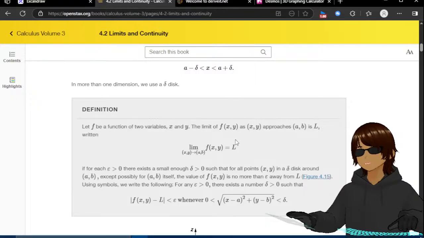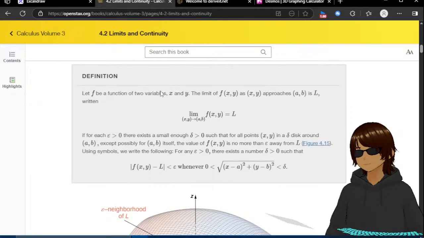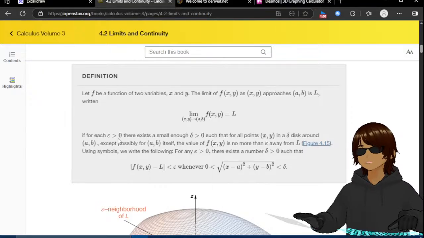The limit of f(x, y) as (x, y) approaches (a, b) is L if for each epsilon there exists a small enough delta such that for all points (x, y) in a delta disk around (a, b), except possibly for (a, b) itself, the value of f(x, y) is no more than epsilon away from L. Using symbols, we can write the following.